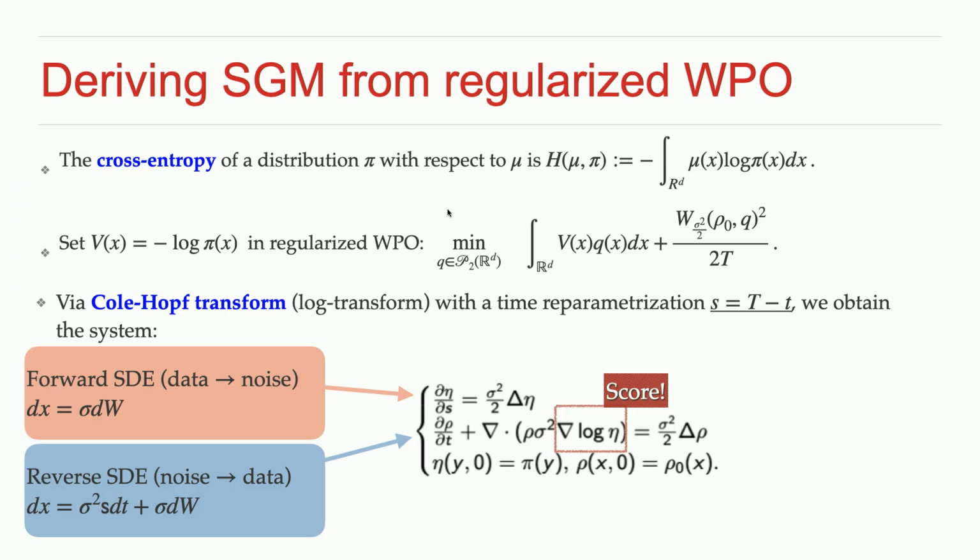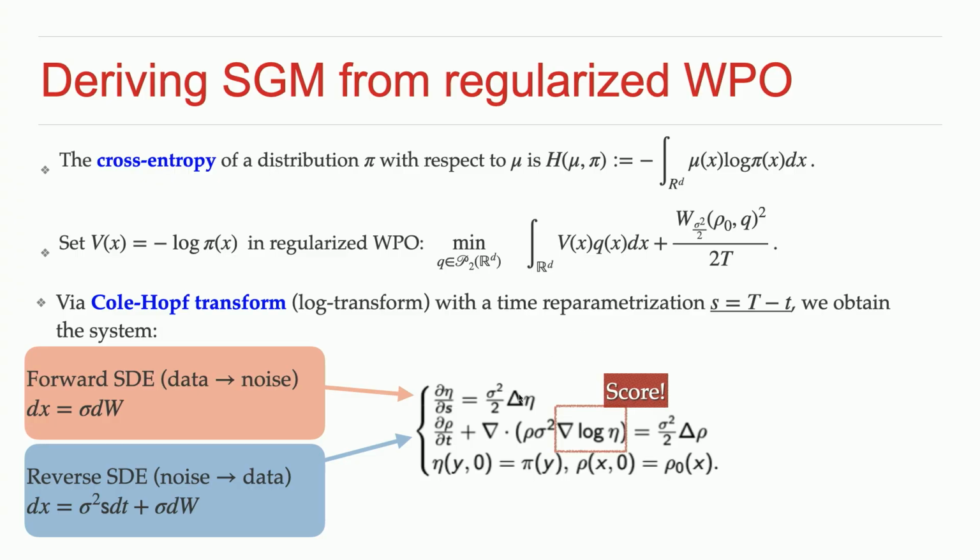And we will look at our regularized Wasserstein proximal operator with these parameters. So sigma squared over 2 is the original beta, and the previous step size tau will become this capital T. Yeah. And now if we apply this Cole-Hopf transform, and then we do a time reparameterization by introducing this S.